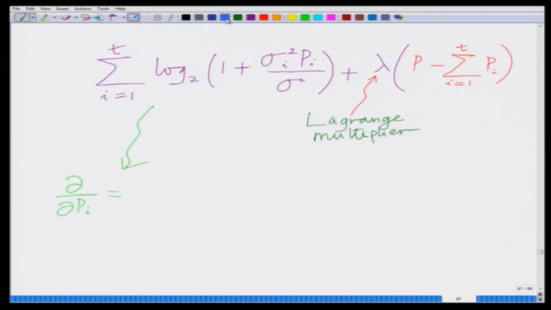Now, once you differentiate this with respect to the power, you can see that the derivative of log of x is 1 over x.